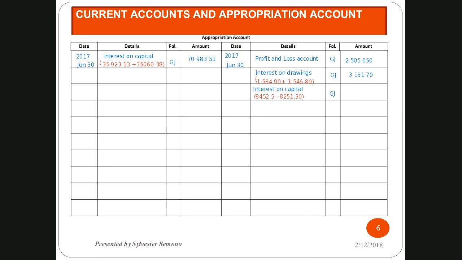salaries. Yes, we did give salaries, but salaries we need to separate them. So salaries must be paid to the partner separately. We must say salaries. And this one before, so GJ. So that's how much, 2.7875.